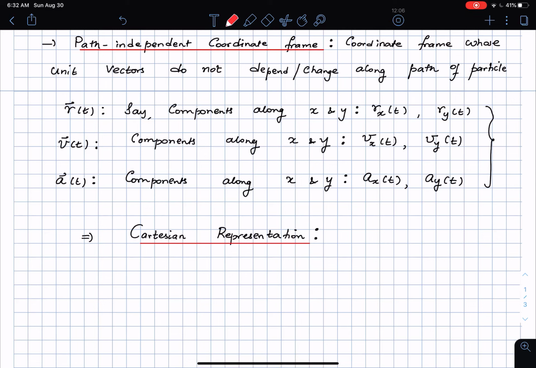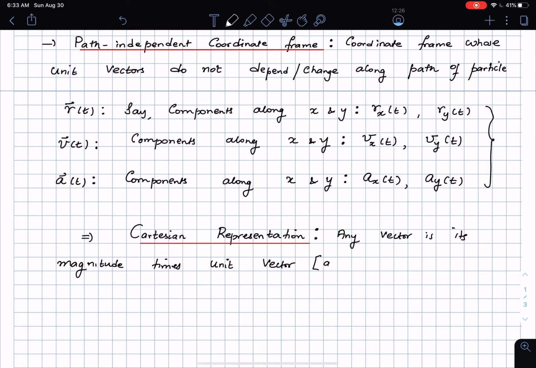Something you may want to make a note of: any vector is its magnitude times its unit vector.